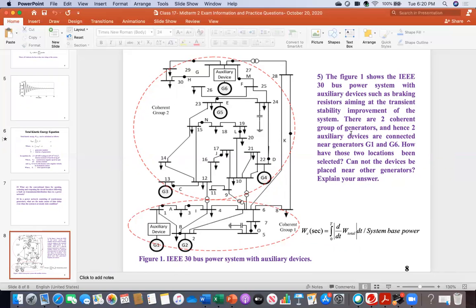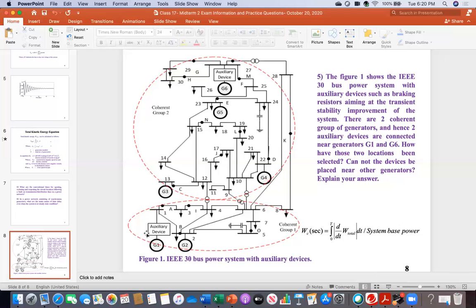There are two coherent groups of generators. Can you see? I have marked them in red color. This is one group, and then at the bottom this is the other group. Before we discussed what is coherency, meaning the generators which swing together, which show very similar load angle or speed profile. So, for example, in this case, G5, G4, G3, these four generators have similar characteristics.